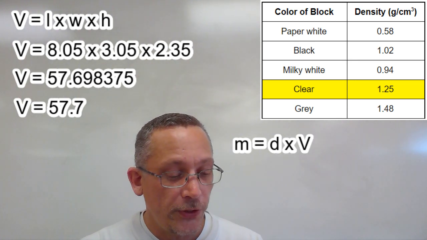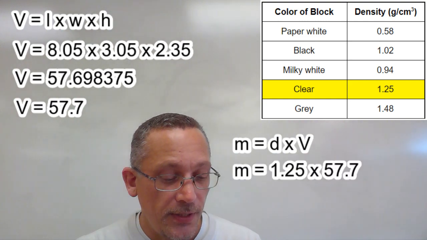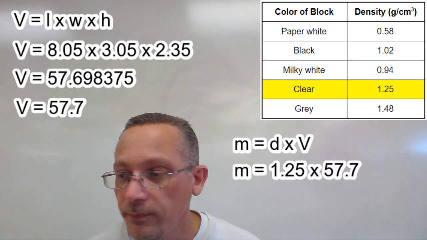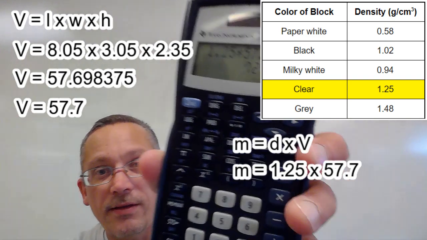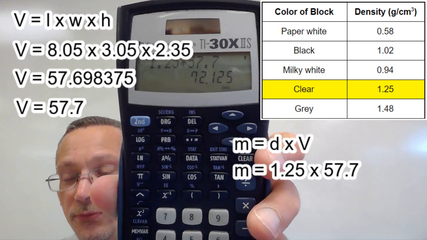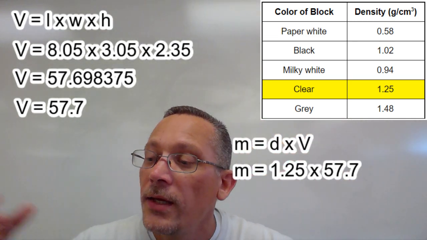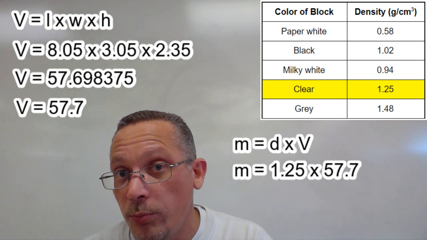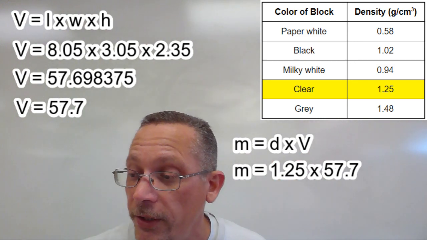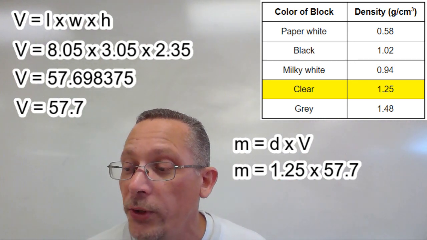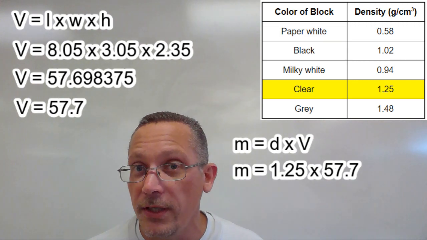So I'm going to do 1.25 times 57.7. Okay. And I get 72.125. Now, my volume, 57.7, had 3 significant figures. My density, 1.25, had 3 significant figures.